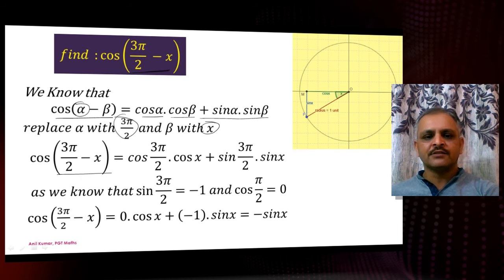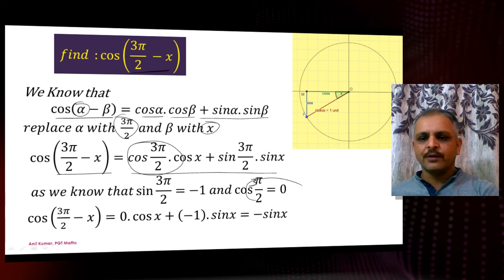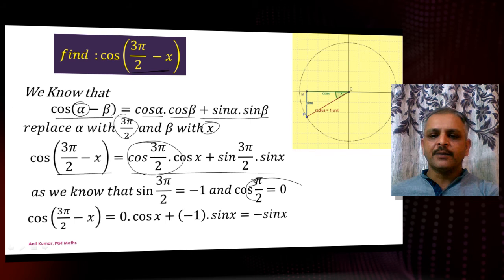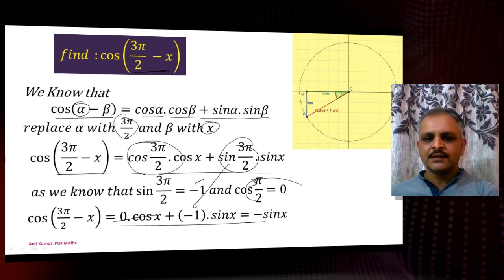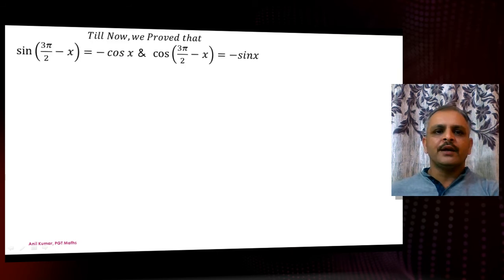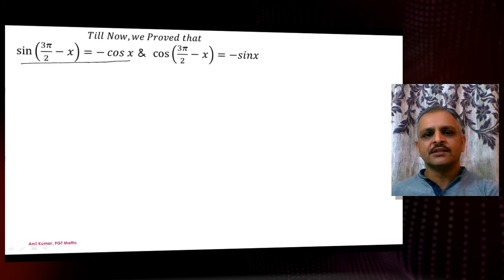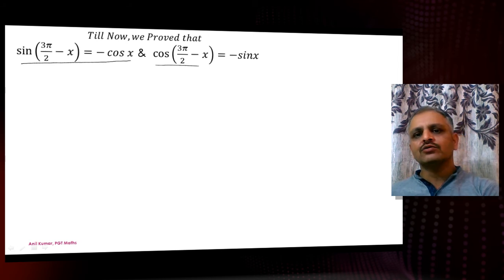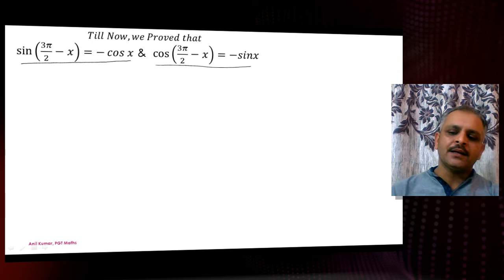Put the value of cos 3 pi by 2, which is 0, and sin 3 pi by 2, which is minus 1. So this will be cancelled, and we get minus sin x. We will find out the remaining 4 t ratios. So till now we proved that sin 3 pi by 2 minus x is minus cos x and cos 3 pi by 2 minus x is minus sin x.